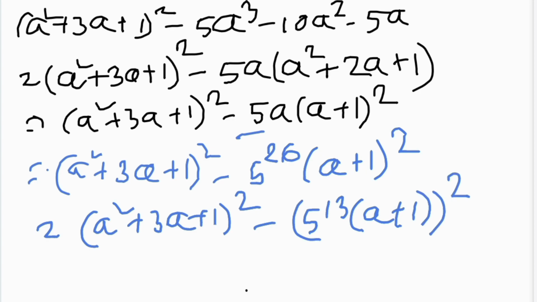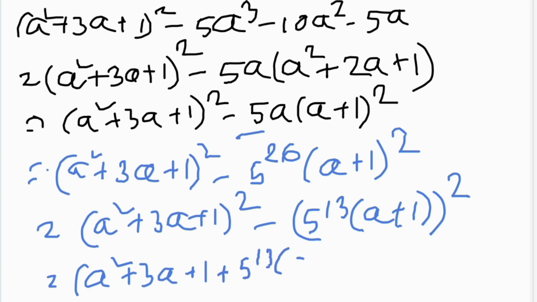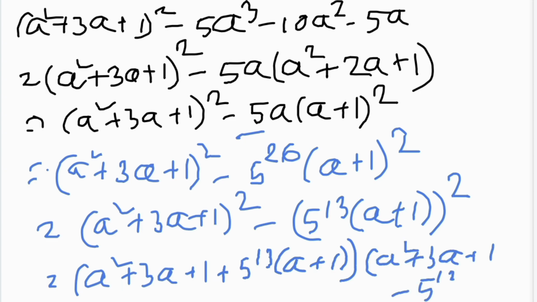Now this becomes a square minus b square. So that is (a^2 + 3a + 1 + 5^13(a + 1)) times (a^2 + 3a + 1 - 5^13(a + 1)).